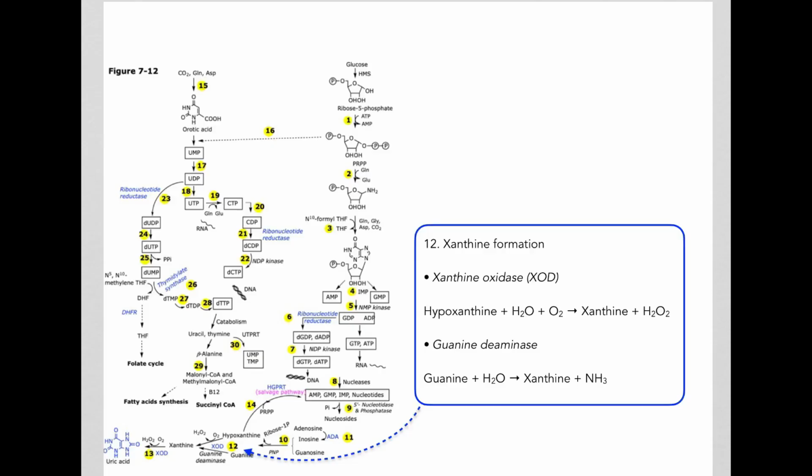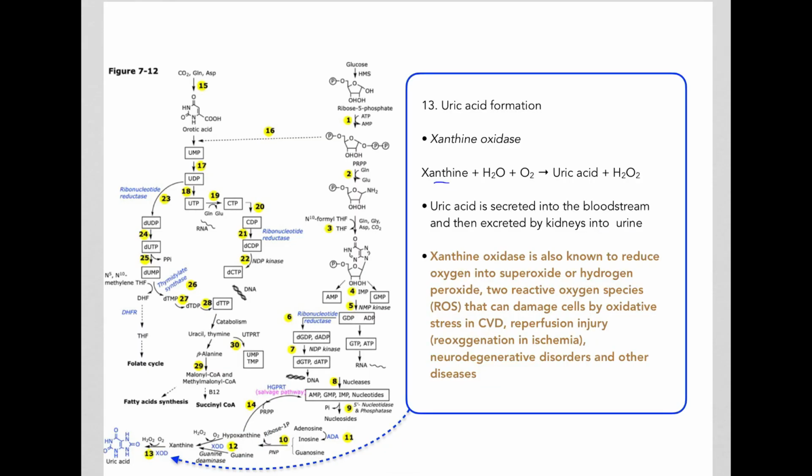Okay, so as we saw earlier, the enzyme PNP will break down the nucleosides into the nucleobases such as hypoxanthine and guanine. Now, in the next step, the enzyme xanthine oxidase will convert hypoxanthine into xanthine, while the enzyme guanine deaminase will convert guanine into xanthine. The xanthine that is formed is then converted into uric acid by the enzyme xanthine oxidase.